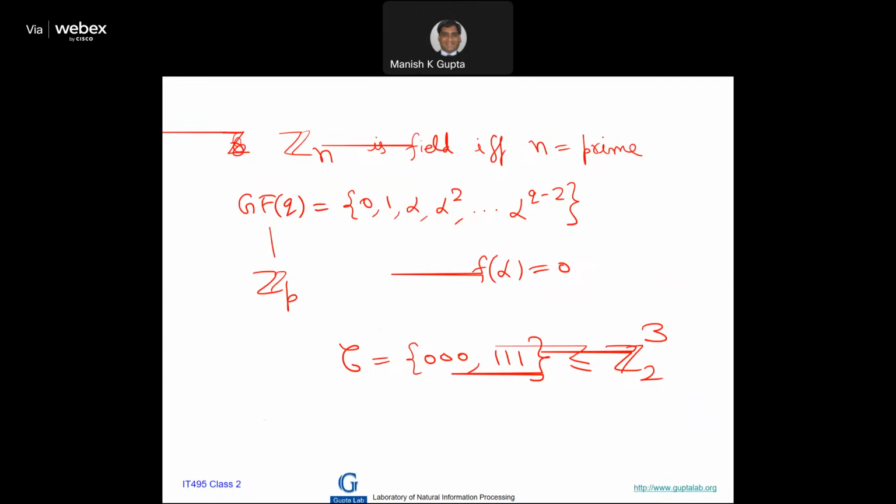So let us take a very simple example. Let us take R square. R square is what? R cross R. R is a real line, and you take the cross product, you get a plane R square. How many one-dimensional subspaces are there of R square?